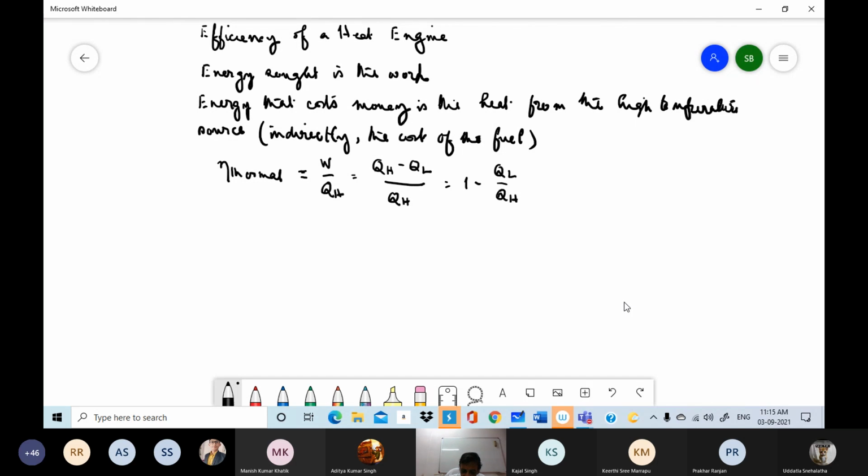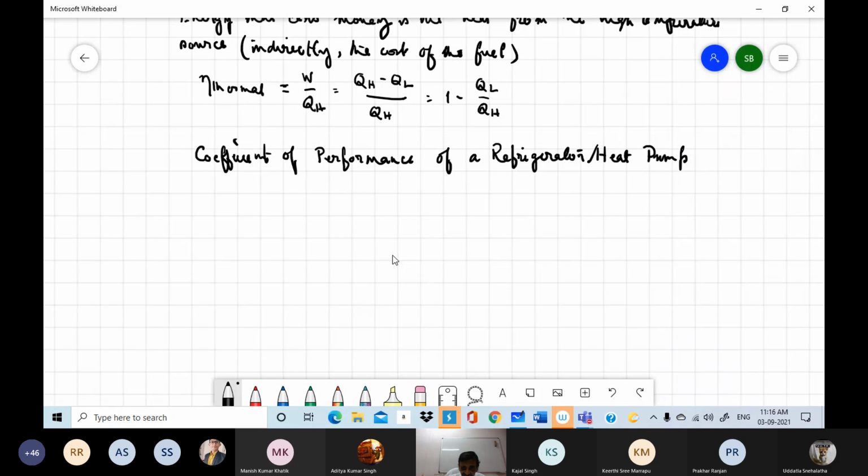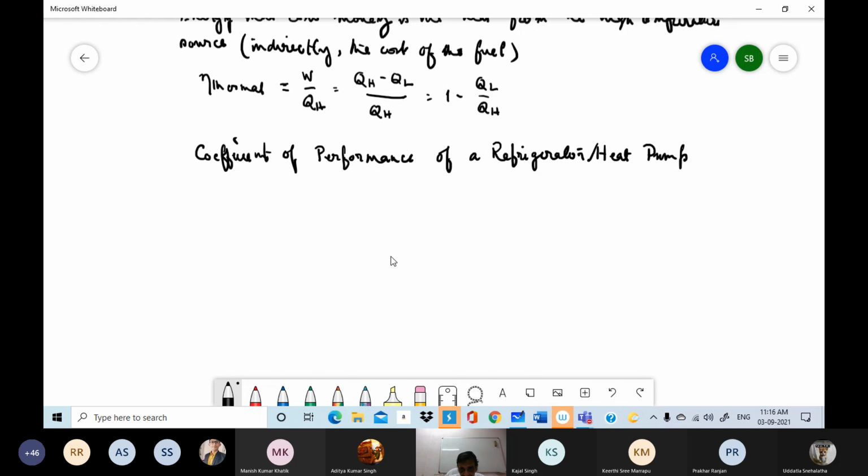Instead, we use the term coefficient of performance. So we use two different terms, refrigerator or heat pump. And the coefficient of performance will be different for the two.